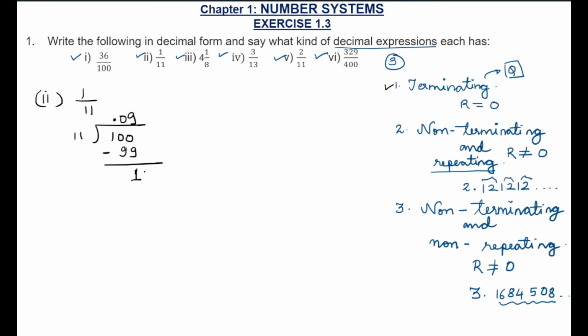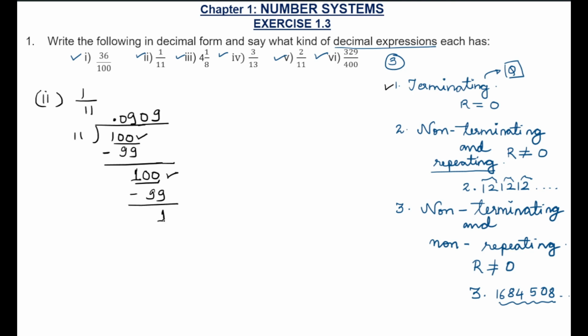I'll again put a 0, but this time again it is smaller. So I'll put a 0 here and I'll just increase the 0. If you see, the numbers here are repeating. Again, the same 100 I need to divide by 11. And yes, this time also we are going to repeat the number. So again the 9 would come here and we get here 99.